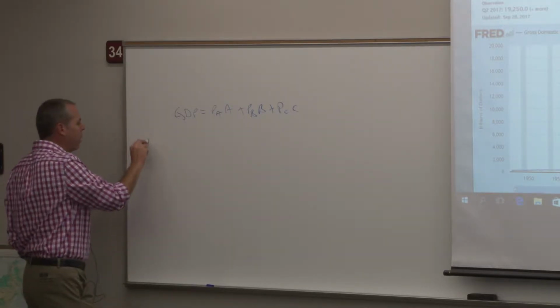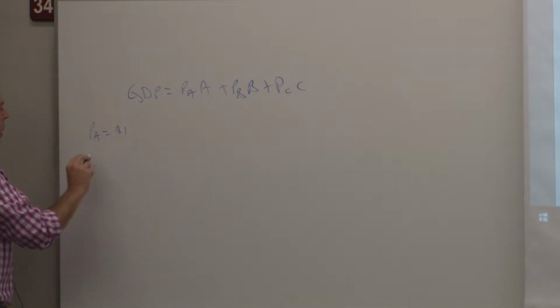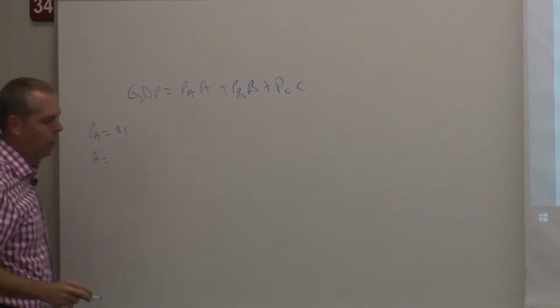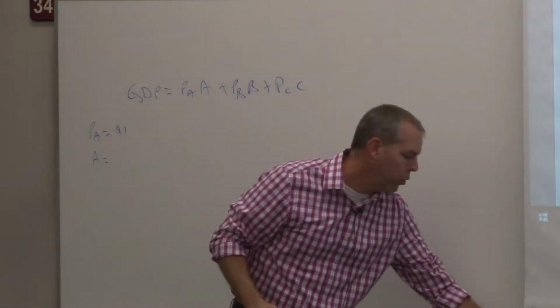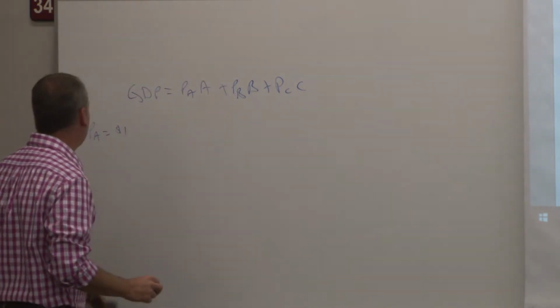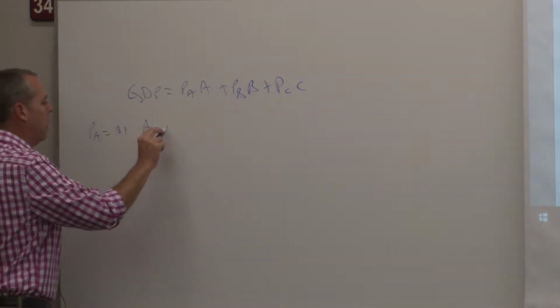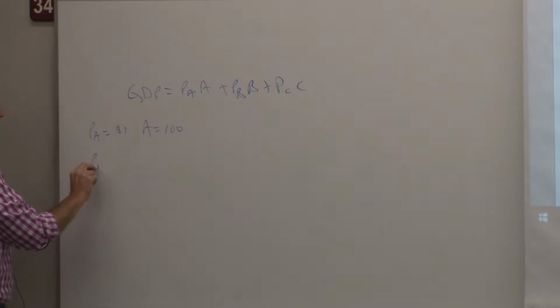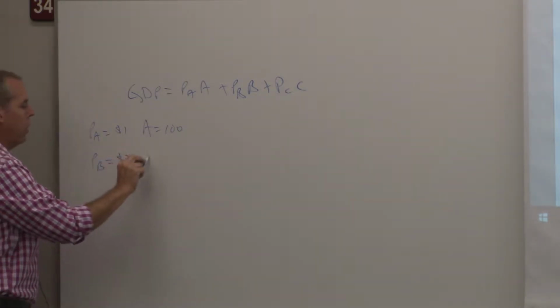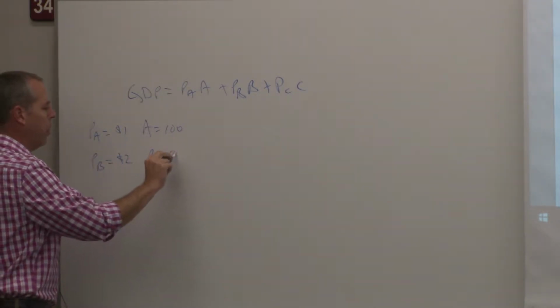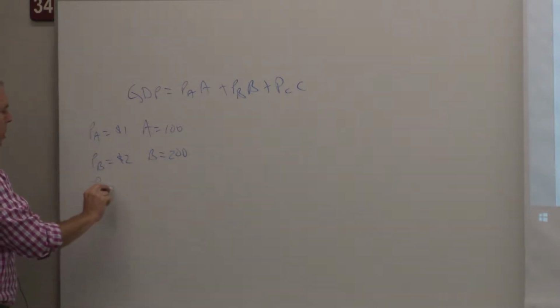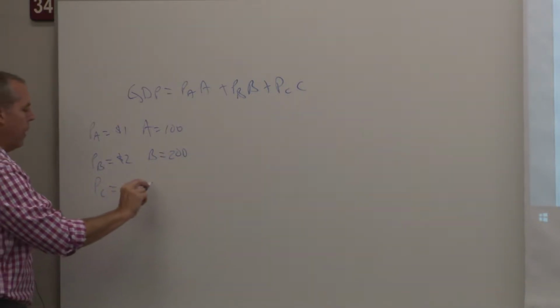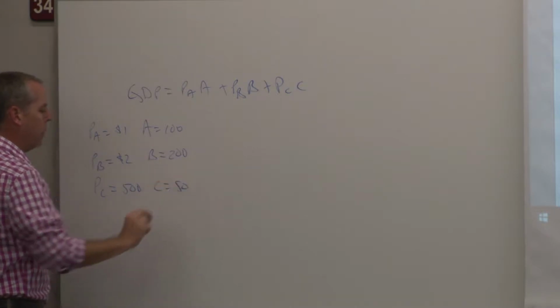So, for example, we said the price of apples is, say, $1, and we have, say, 100 apples. The price of bread is, say, $2, and bread was maybe 200 loaves. And the price of computers was, say, 500, and we had, say, 50 computers.